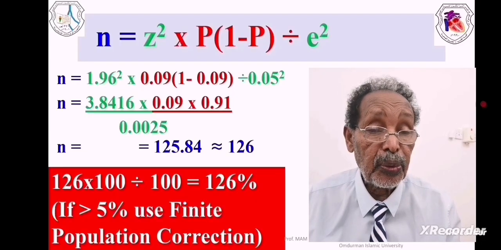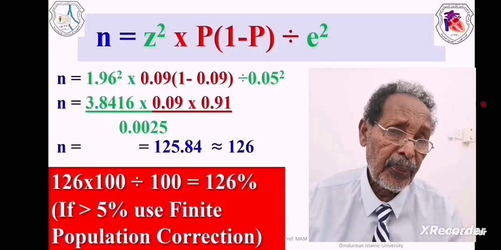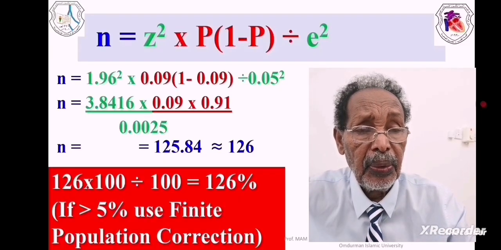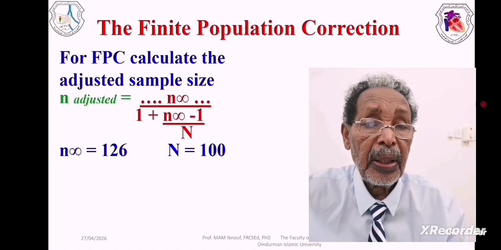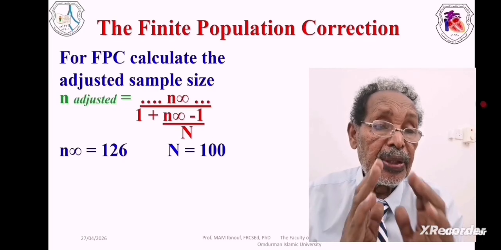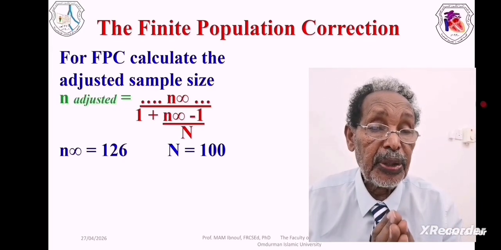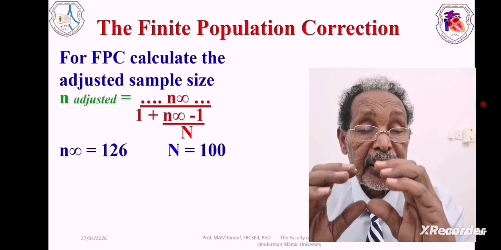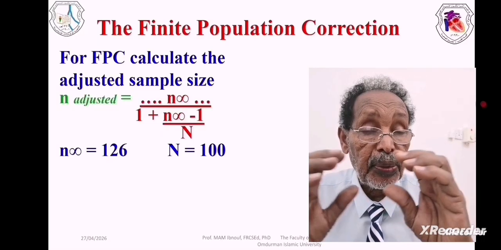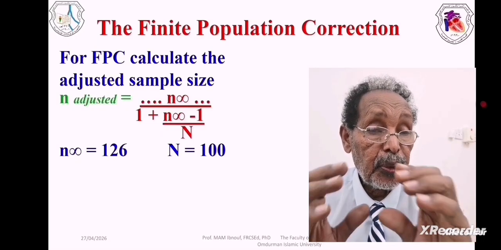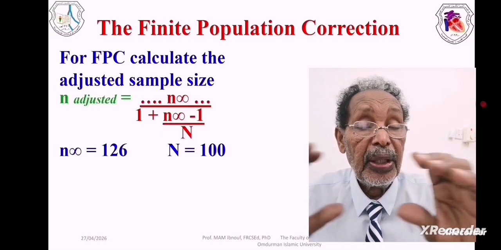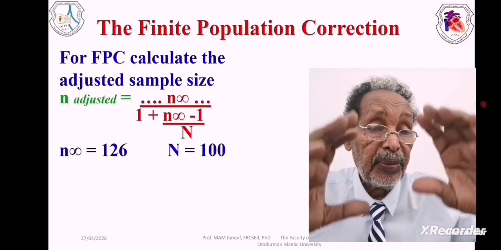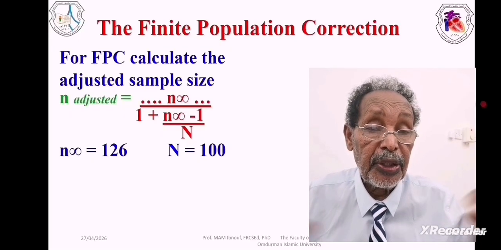Therefore, we are going to apply finite population correction, which is very easy. No problem at all. To use it for a limited population, finite population correction, we use the same sample size as 126, which we have calculated as if it was an infinite, very huge population.